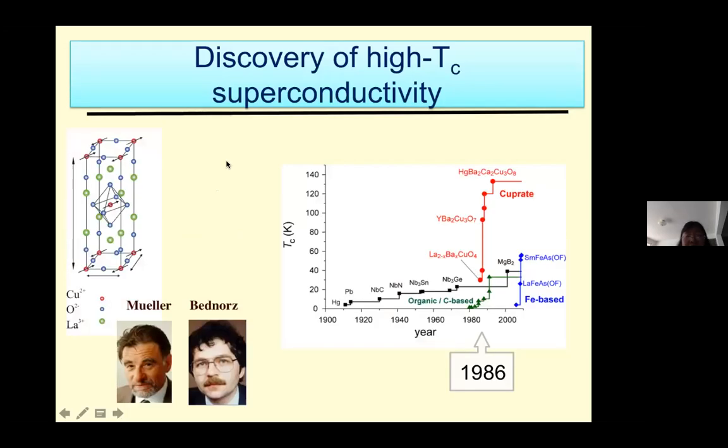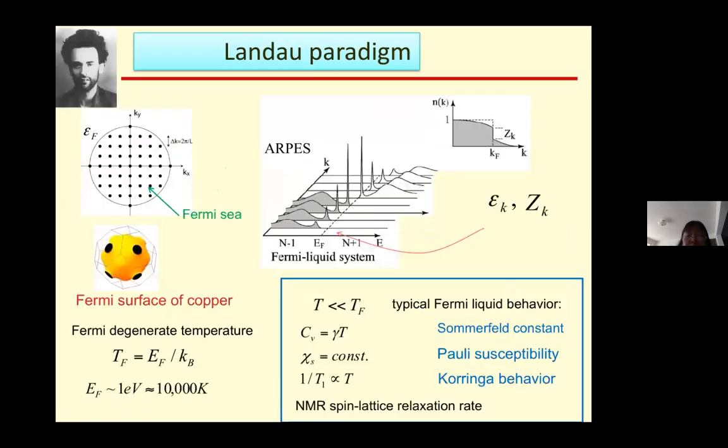So high temperature superconductivity was discovered almost 40 years ago. The critical temperature is as high as around 140 degrees. It remains to be the highest among different classes of superconductors. And the most remarkable property of this high TC superconductivity may not be only the superconducting state and the high critical temperature.